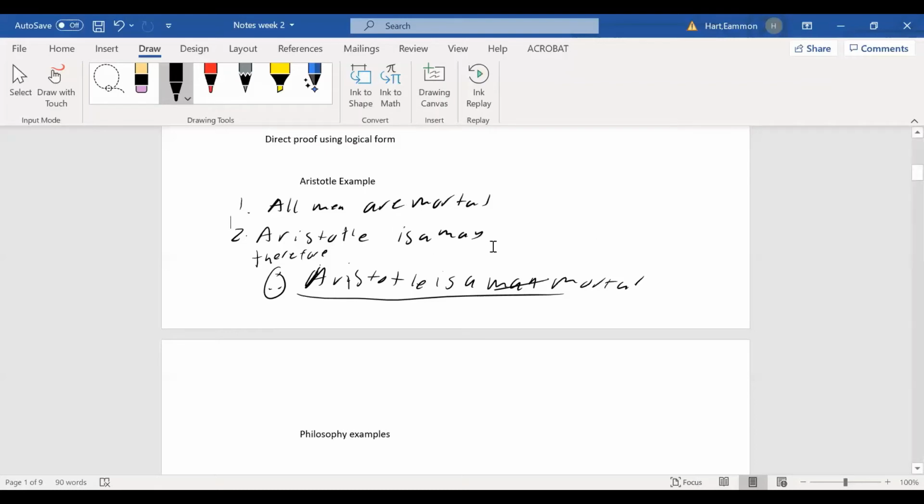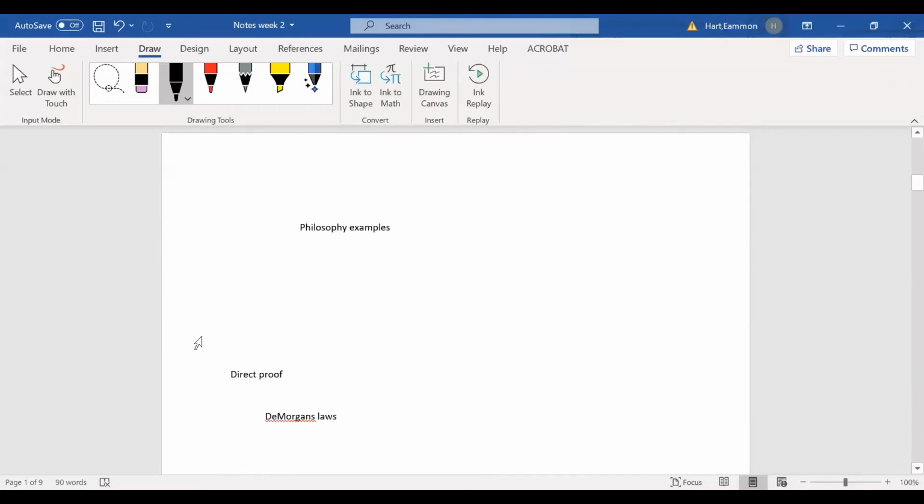You also have to make sure that your definitions are consistent. If you wanted to do Greek is a language, Aristotle is Greek, therefore Aristotle is a language, that doesn't work because you just changed the definition of Greek. So you have to make sure that your vocabulary is being used consistently throughout.